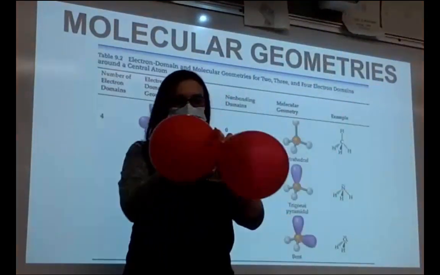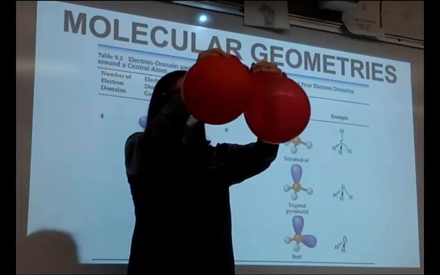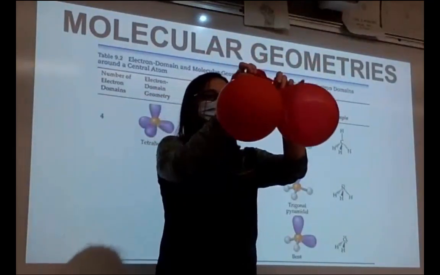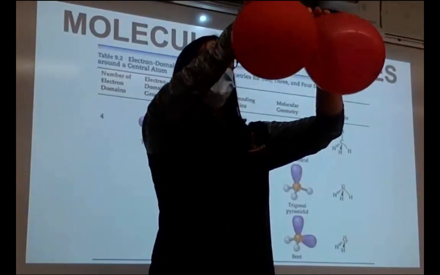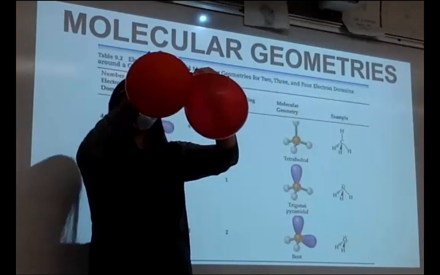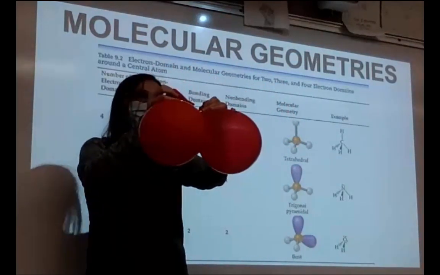Okay. So now we have 2 lone pairs. So central atom is still here, but now we have two lone pairs, two atoms bonded to the central. So now it's going to push these atoms together even further. Now it's really less than 109.5. This is an example of water.